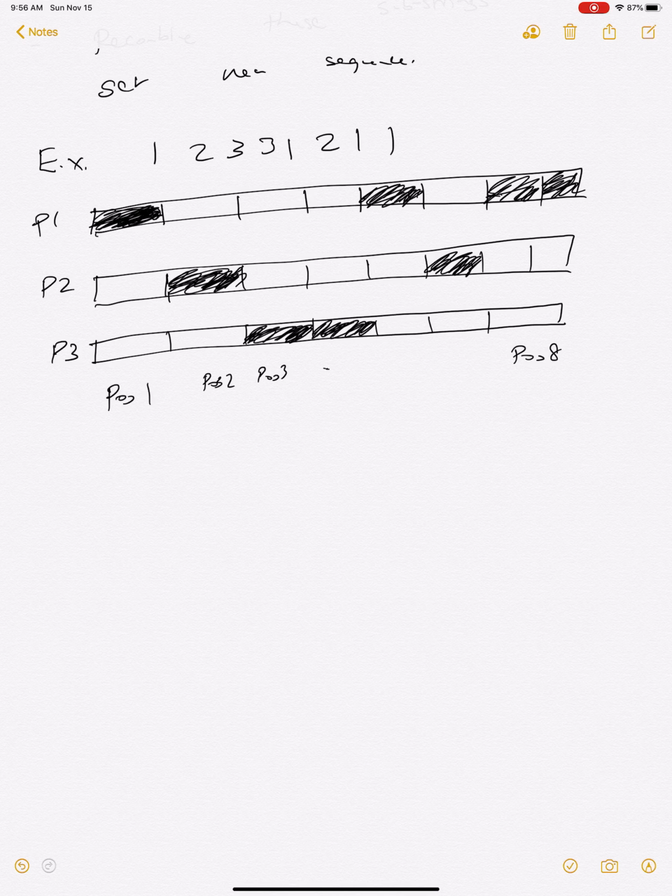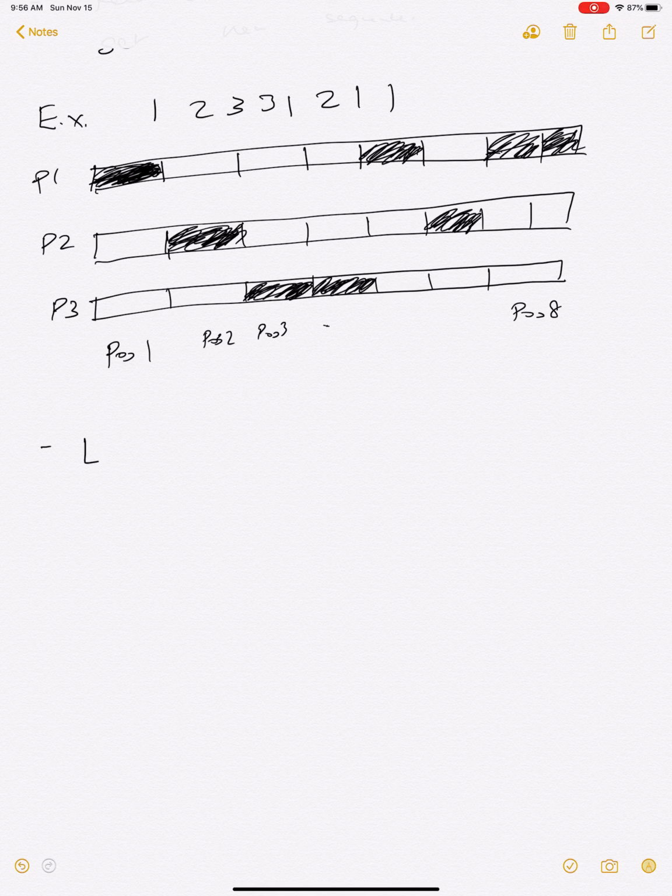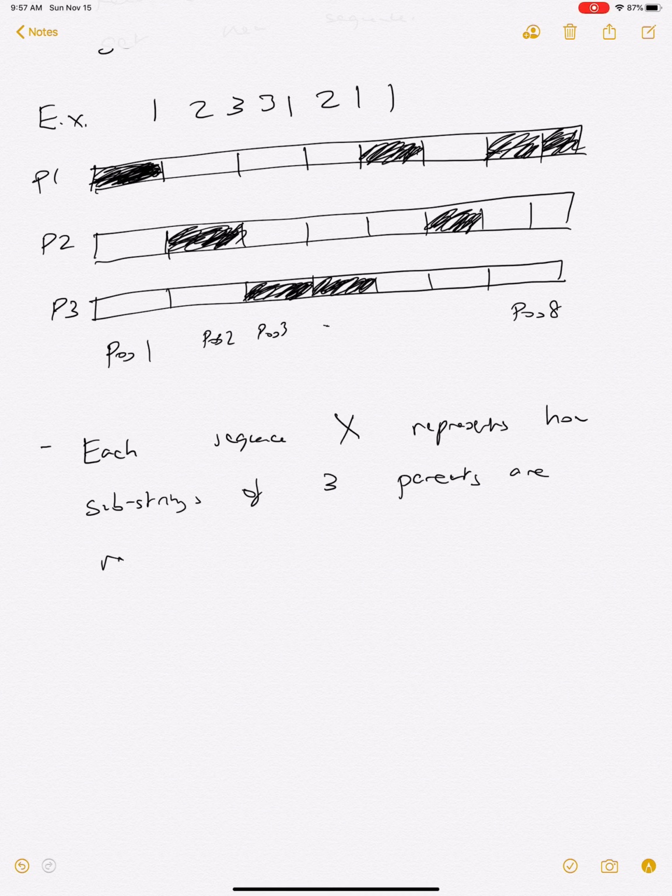And so each sequence, we'll say X, represents how substrings of the 3 parents are recombined.